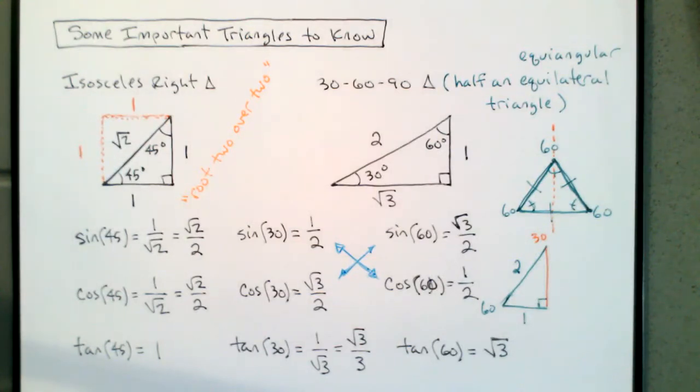For the sines and the cosines, notice that we're using just 3 different values: 1 over 2, root 2 over 2, and root 3 over 2. That's handy. There's a short list of things that we need to know.